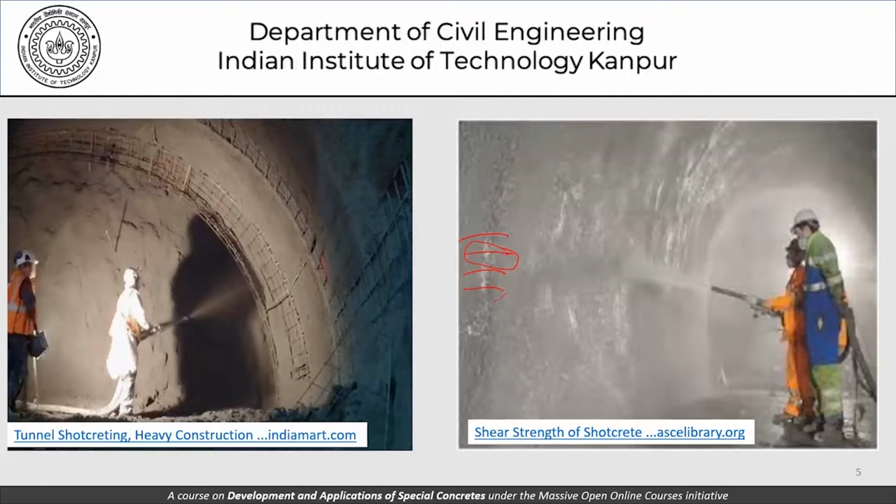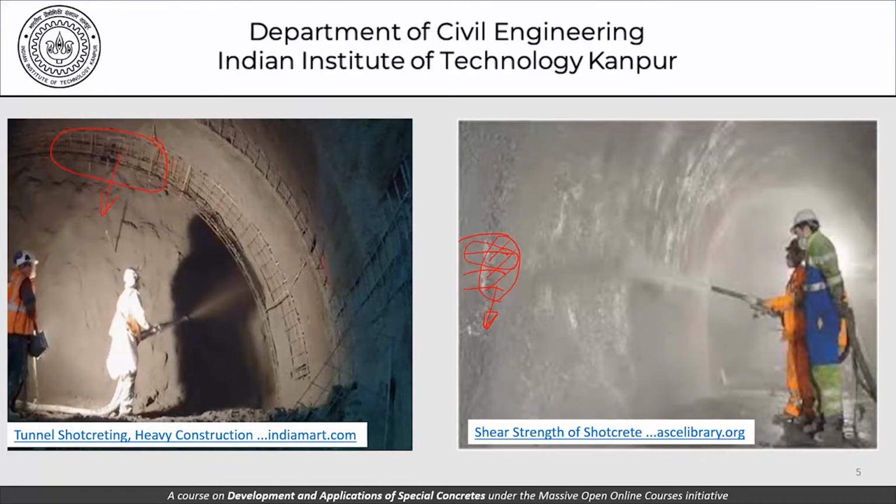And secondly, we should make sure that this entire mass of concrete does not fall off, because we should remember that shotcreting as an operation at times is being carried out against gravity. For example, if you are trying to do the shotcreting overhead somewhere here in that tunnel, then the danger of the shotcrete falling off or the deposited material falling off is indeed very real.